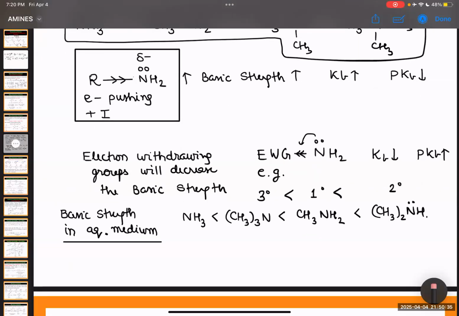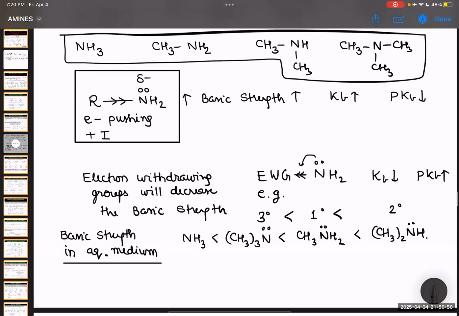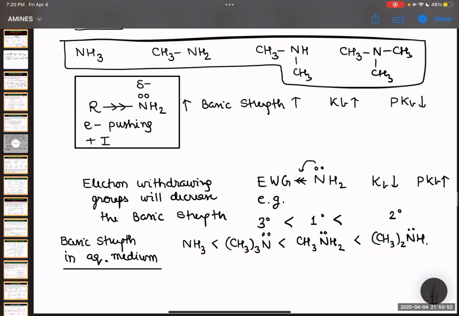So I hope this is clear. First you need to remember the order. In water, secondary amines are most basic. Got it? So keep this in mind. But why is it happening in this way? What is the reason?